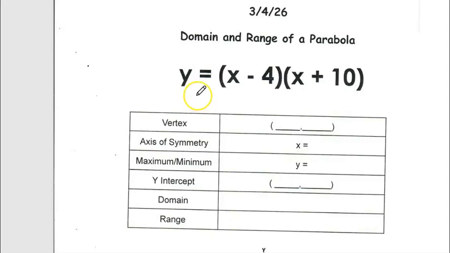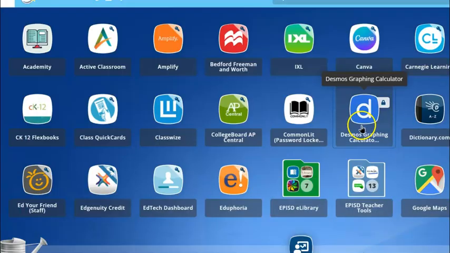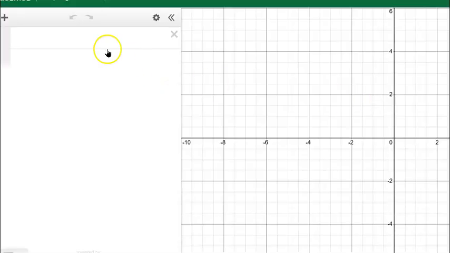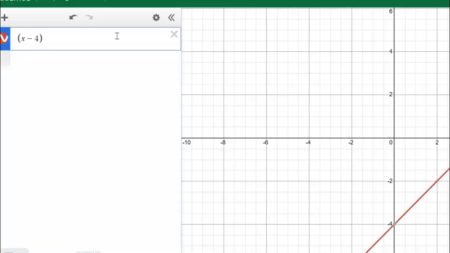So we have an equation here, y equals (x minus 4)(x plus 10). To make this easy, we'll go into Desmos. Put the equation in. So open up Desmos, (x minus 4)(x plus 10).